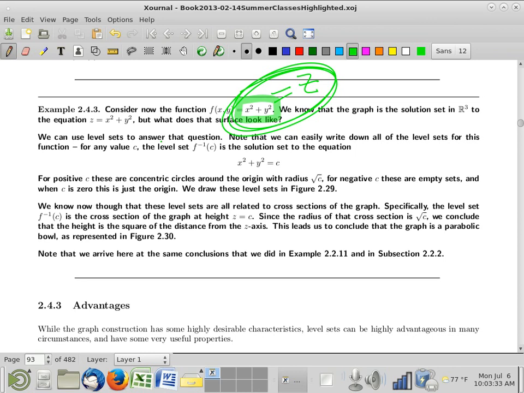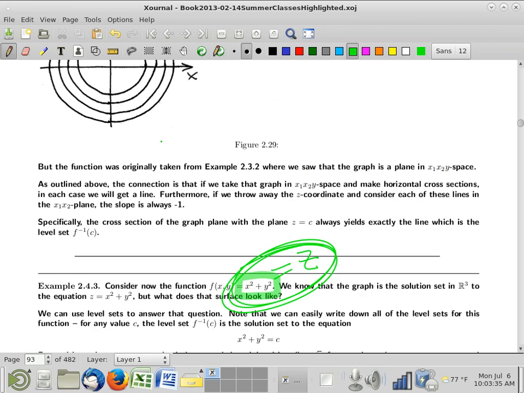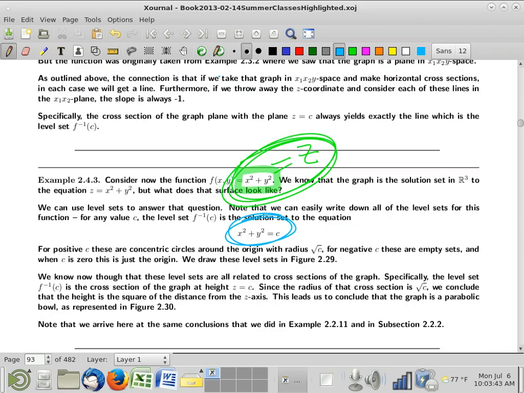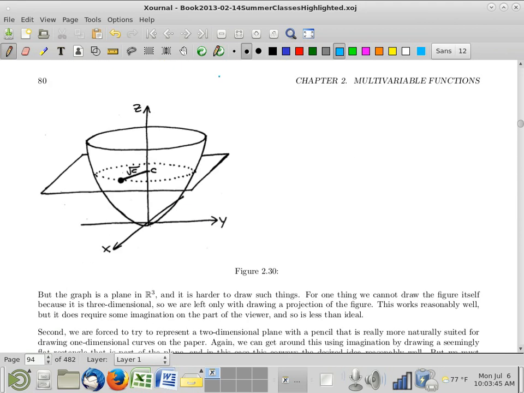And in particular, these circular cross sections drawn there are the horizontal cross sections of this graph that we drew a while ago for the same function. Let's take a horizontal cross section of that paraboloid and you get these circles.